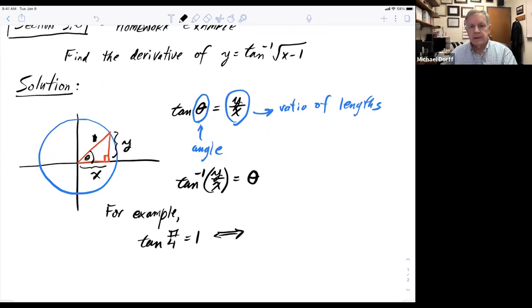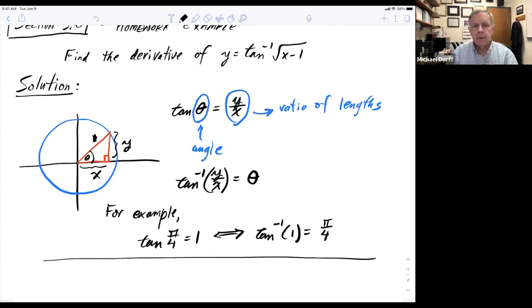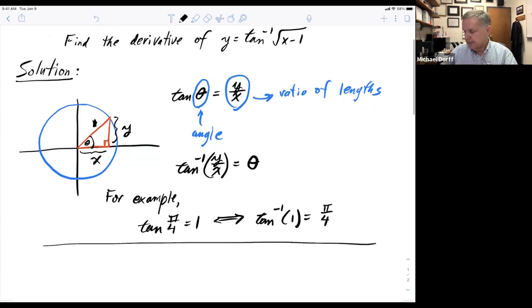How would I write the inverse tangent related to these numbers? The inverse tangent of the ratio of these lengths, which is 1, equals the angle, which is pi over 4. So the tangent of pi over 4 equals 1 is equivalent to the inverse tangent of 1 equaling pi over 4.